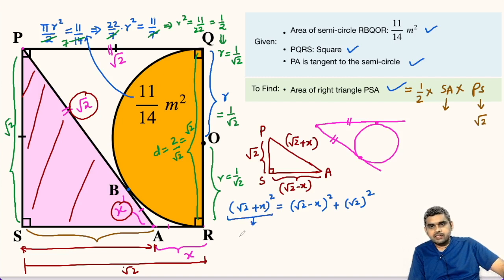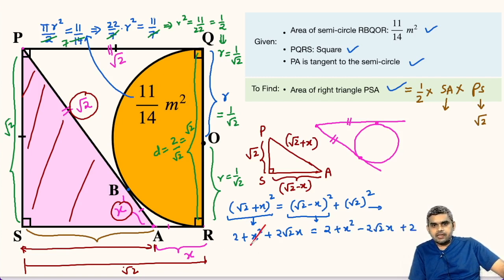This will give us 2 plus x square plus 2 root 2x equals, likewise using the identity a minus b whole square, 2 plus x square minus 2 root 2x, and finally plus 2.